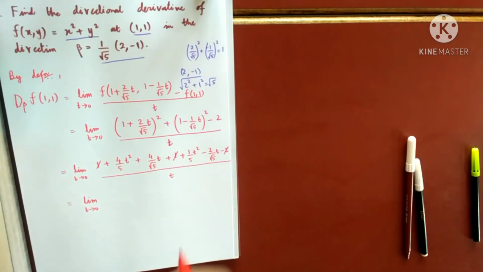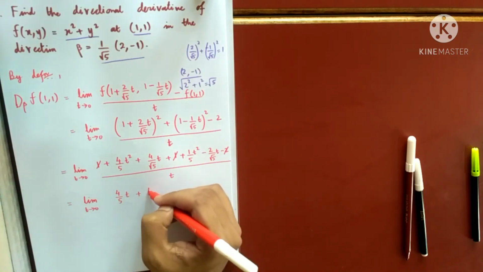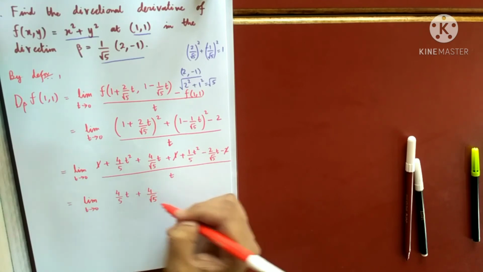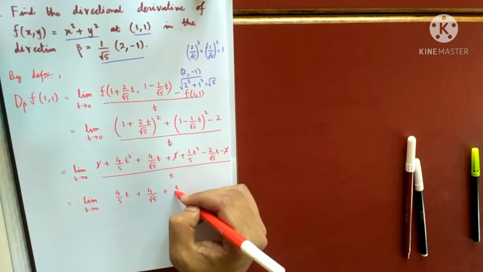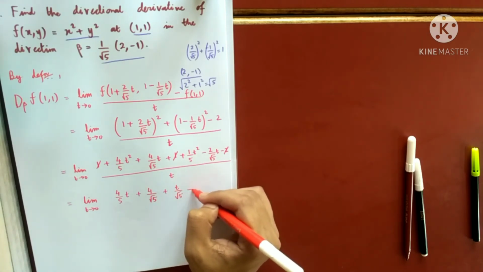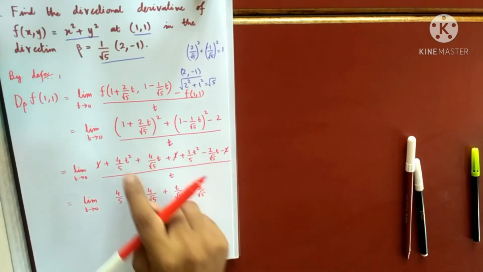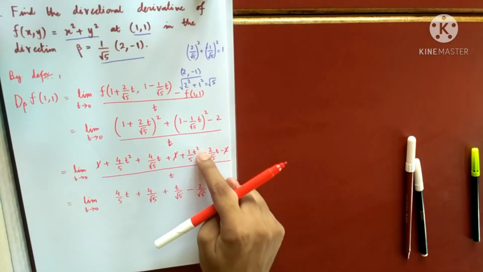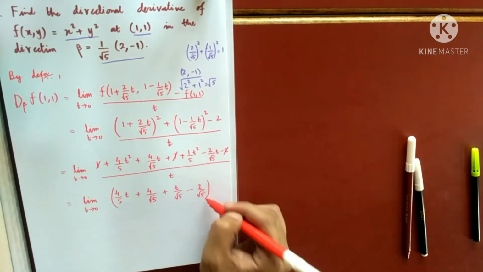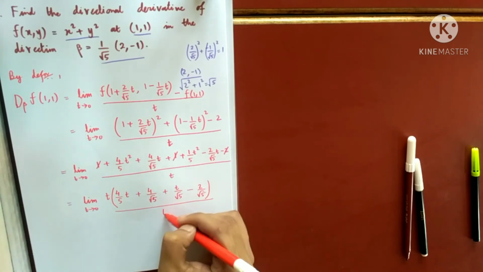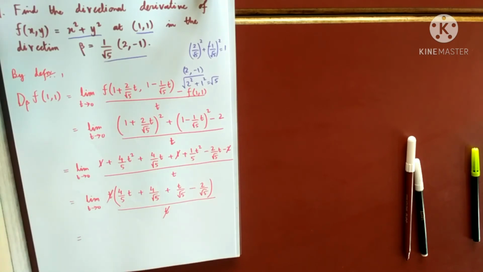So I will remain with 4 by root 5, plus 4t by 5, plus t by root 5, minus 2 by root 5. One t is gone, and as you can see, there was a t in the denominator, I have taken t common, and this t got cancelled. Now the limit is defined.